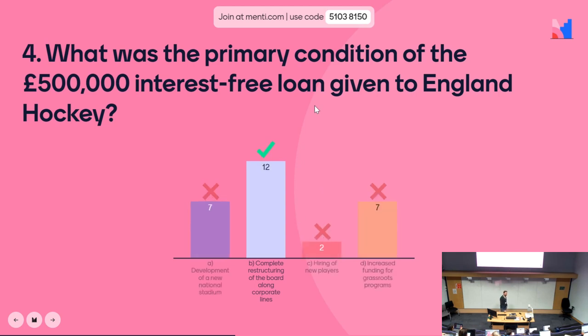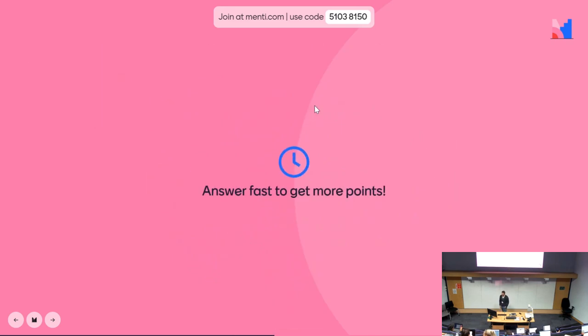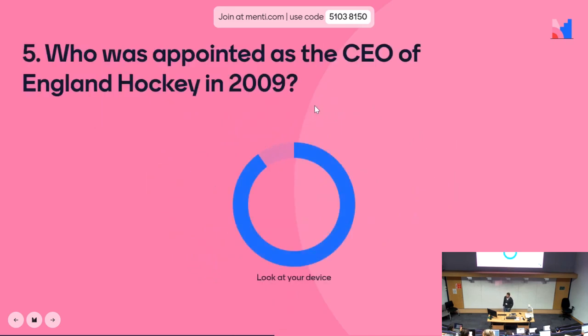If you go back to our 3 phases of sport development, they kind of started out with the amateur model, yeah, and they actually tried to become more corporate and perhaps moved into that middle model. Who was appointed as the CEO of England Hockey in 2009?